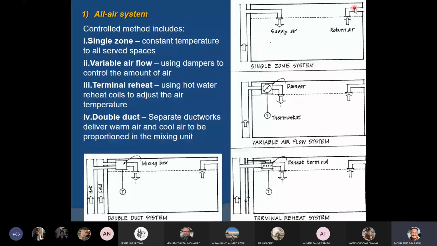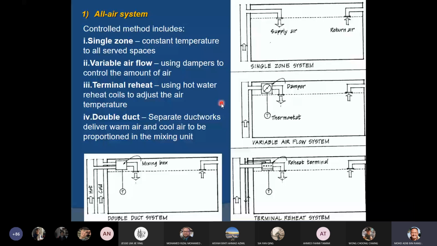Okay, so the whole space would get 20 degrees Celsius. You cannot control, like maybe this place here you want to have 20, and the other rooms you want to have 25. It doesn't happen. It doesn't work that way. So in single zone, basically all the spaces get the same temperature.